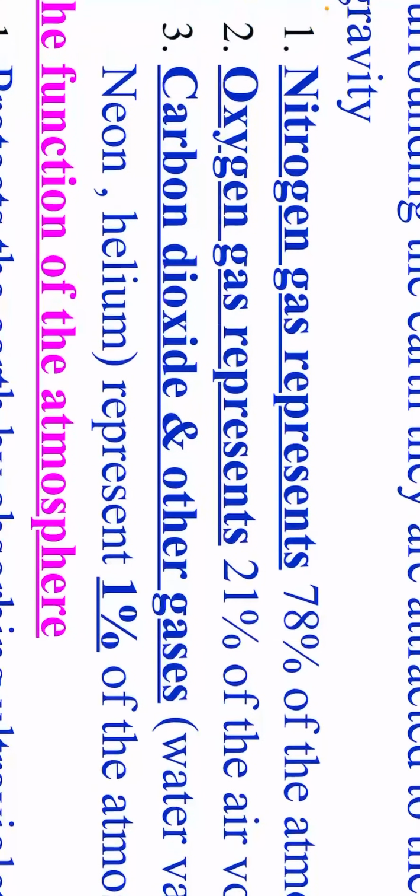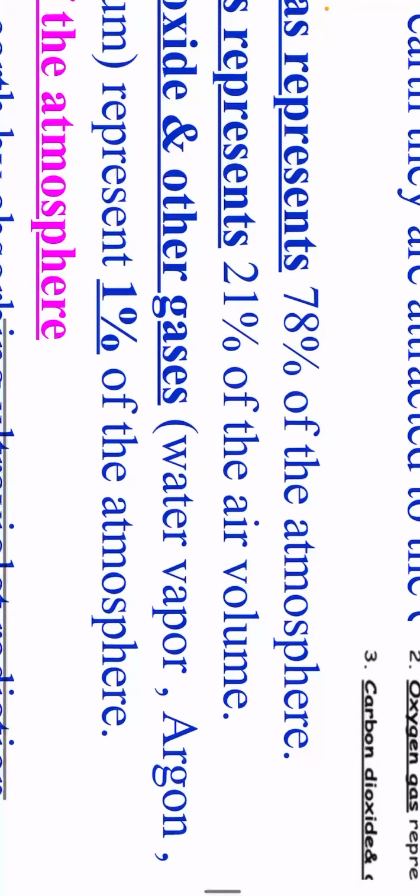Oxygen gas, which represents 21% of the air volume, meaning 1/5 of the air volume. Carbon dioxide and other gases like water vapor, neon, helium, and argon represent 1% of the atmosphere.